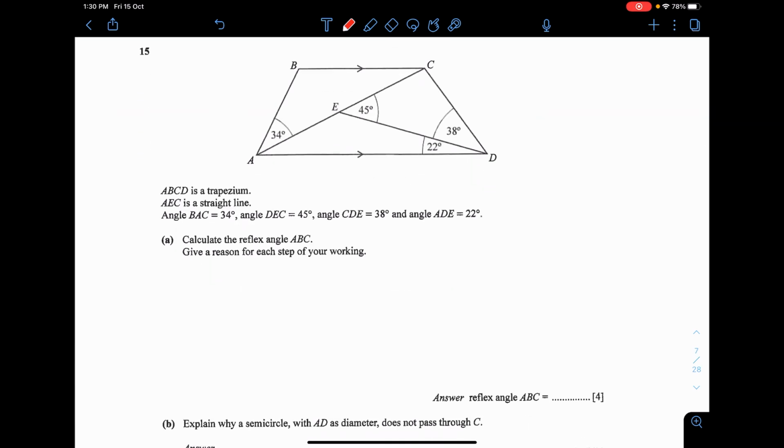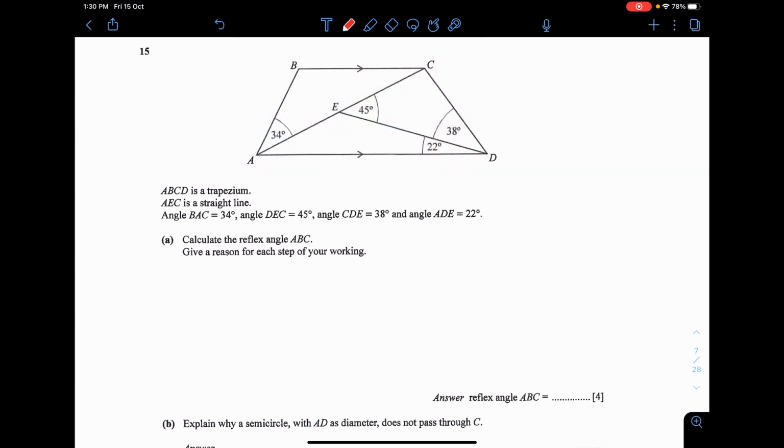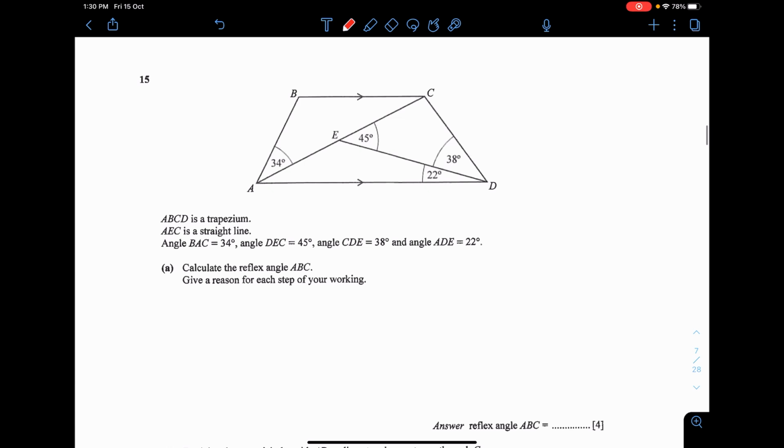Next, 15. Find out the reflex angle of ABC. This is a trapezium, and is that all? I feel that is all actually. The answer here is 4 marks. There should be a lot of working. We cannot get the angle just straight away.